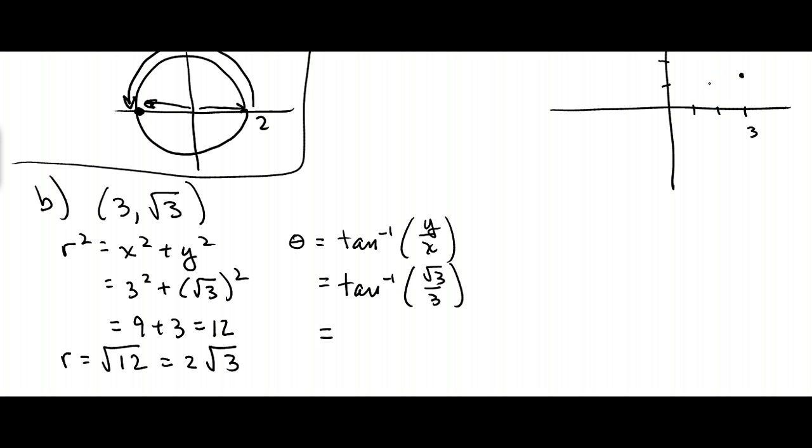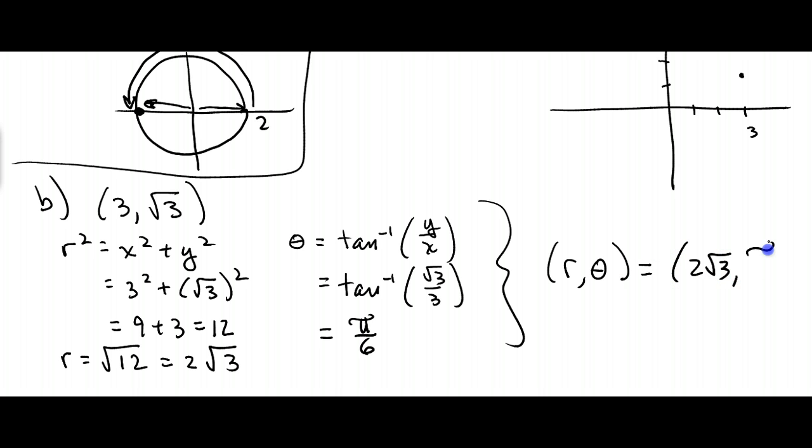So we want to find an angle that has a tangent of root 3 over 3. And if you recall, that's going to be pi over 6. So if we take all this and put it together, we end up with r comma theta is equal to 2 root 3, pi over 6. And there you have your answer.